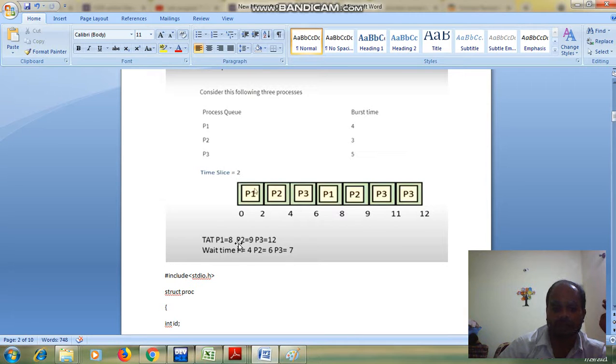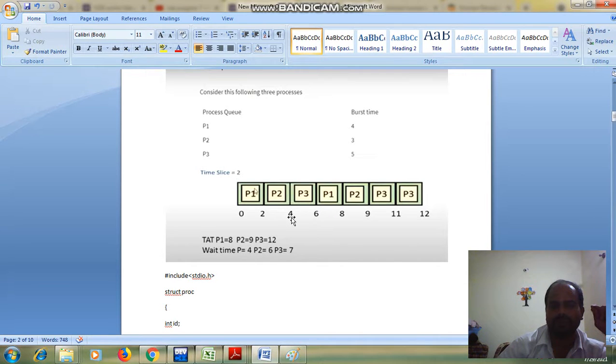Then P2 is completed at 9 and P3 is completed at 12. Then the waiting time for P1: P1 is waiting from 2 to 6. So 6 minus 2 is 4 seconds.